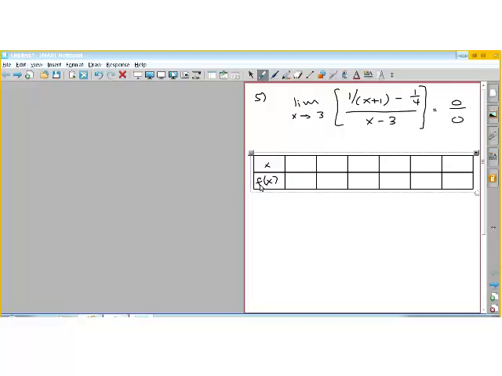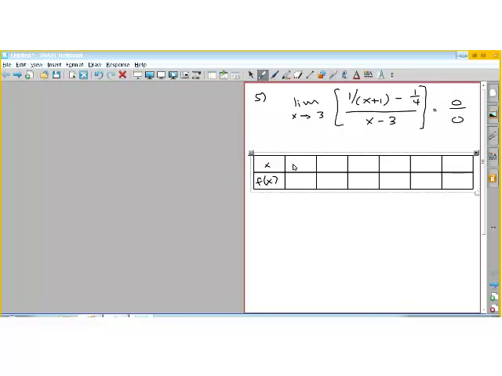So we have 1 divided by 2.900 plus 1 minus 1/4, the whole thing divided by the quantity. When I say quantity, we put parentheses. So we have 2.900 minus 3. And I think that's correct.